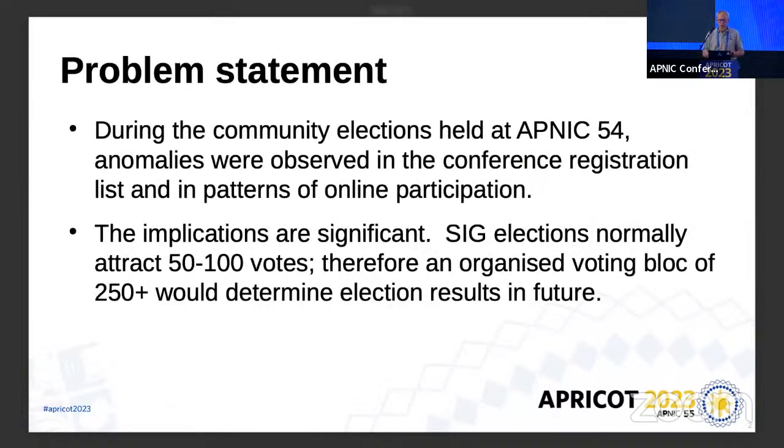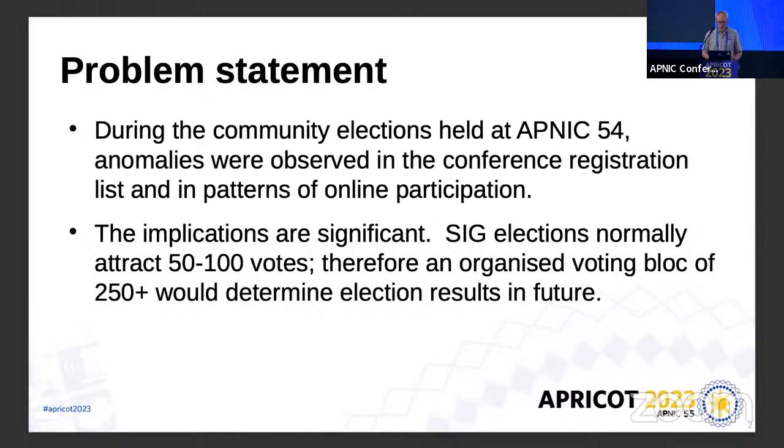It's working. Okay, problem statement. During the community elections held at APNIC 54, anomalies were observed in the conference registration list and in patterns of online participation. An analysis of the data showed that there was no impact on the APNIC 54 SIG elections.